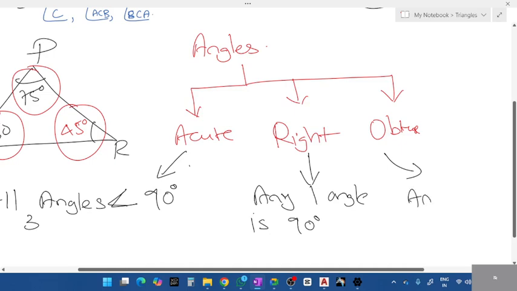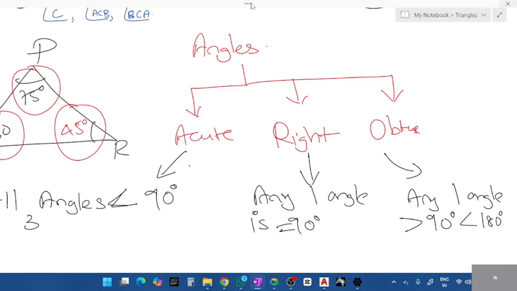Not two, any one. Any one angle should be greater than 90 degrees and less than 180. Any one angle equal to 90 degrees is a right angle. Obtuse angle is any one angle greater than 90.